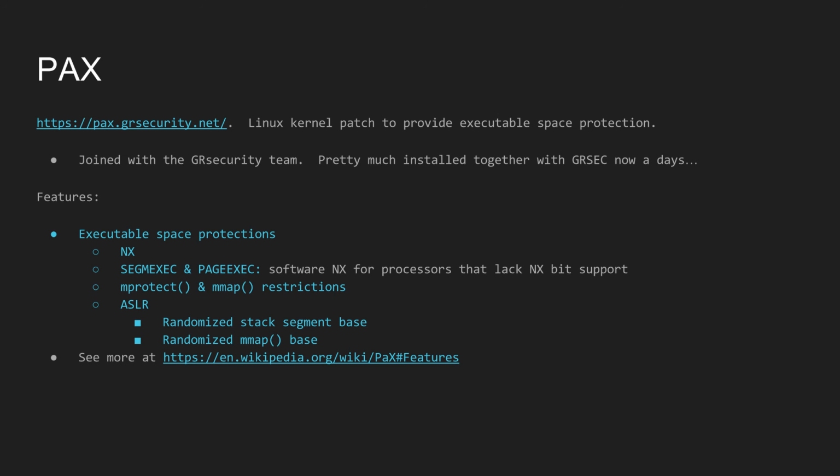Its main features are NX, SEGMEXEC, and PAGEEXEC, which are software-based NX implementations for processors that lack NX bit support. They have additional mitigations for mprotect and mmap, which is very interesting because it's designed to mitigate some of the techniques that we've discussed thus far for ROP.